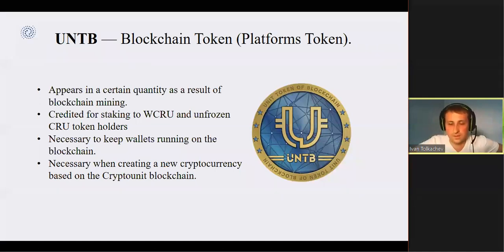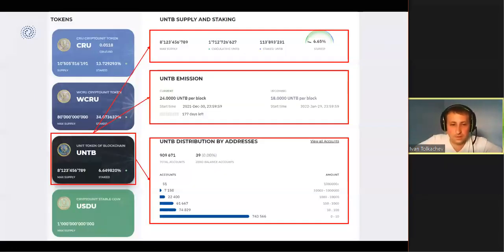So this is a very valuable piece of information for those who would like to engage in a business related to blockchain technologies, as there is the possibility to use ready-made technology. You simply need to be a holder of UNTB tokens for this. Next slide, please.